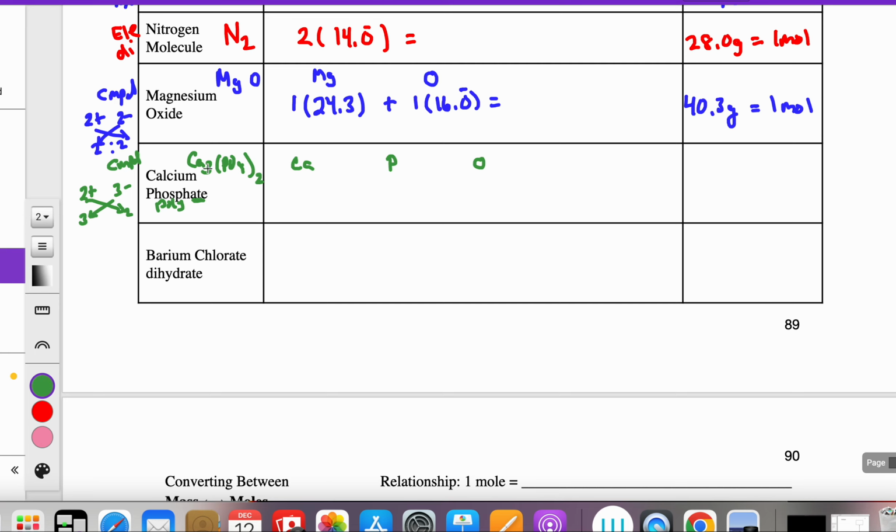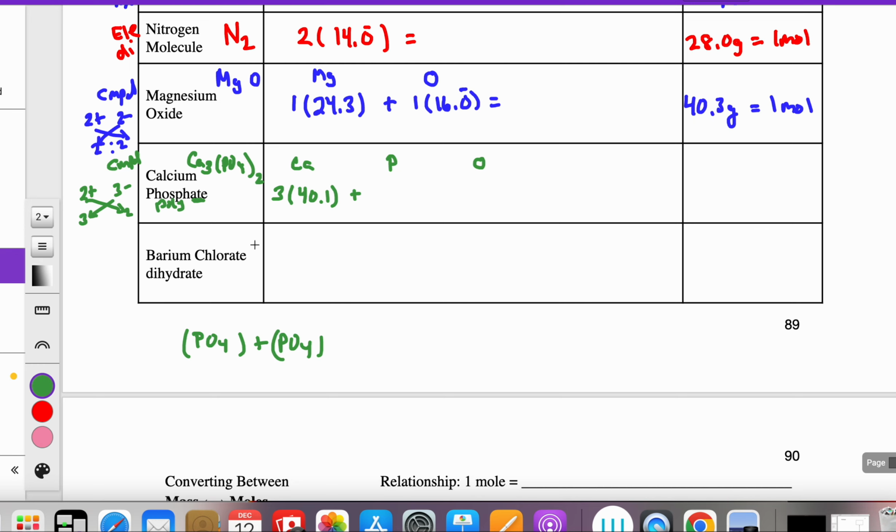So in my chemical formula, there are 3 calciums, and each one contributes a mass of 40.1. Plus, now, inside the parentheses, I have 1 phosphorus, but there are 2 units of this. So if I was to draw this down here, it says I have a PO4 and another PO4.